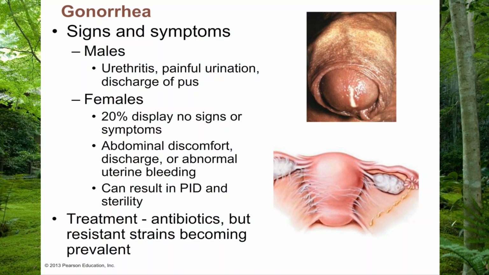Some will have abdominal discomfort, some vaginal discharge, maybe some abnormal uterine bleeding, but the big important part is that even in the people that have no symptoms, the inflammation that results can cause pelvic inflammatory disease, which in females can result in sterility. Now, gonorrhea is a bacteria, and so it does respond to antibiotics, but more recently we're starting to see some antibiotic-resistant strains that are very resistant to common antibiotics.